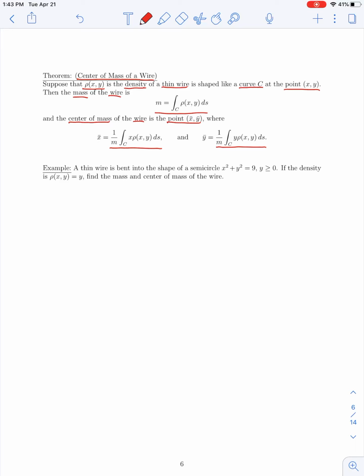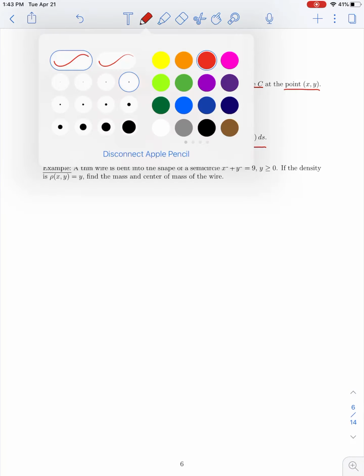Now, of course, we could extend this to a wire in 3 dimensions.